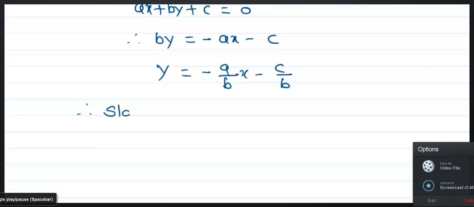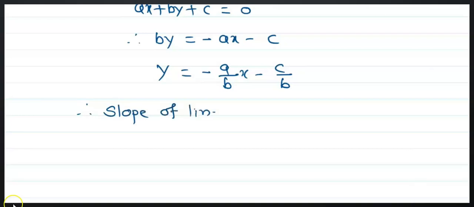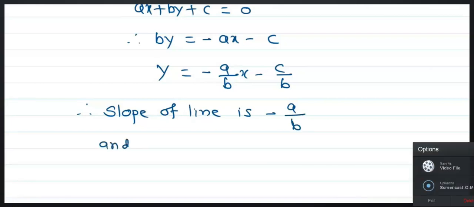Therefore, the slope of the line is minus a upon b.